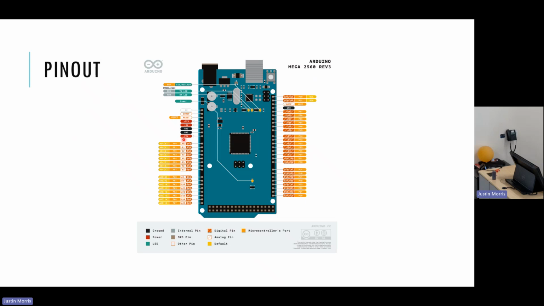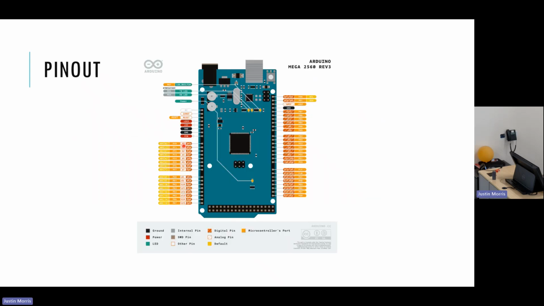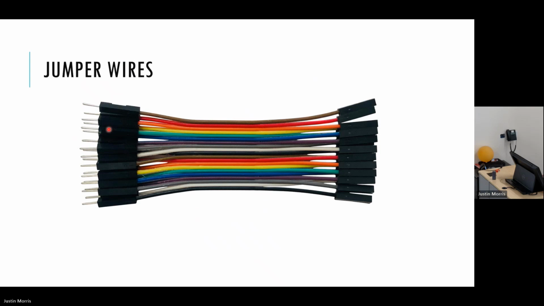But for us, it's female on the board, female on the breadboard, and then the sensors are usually male, so you can put the sensors onto the breadboard and then connect them to the Arduino with the male to male jumper wire. That's how we're going to make our connections.